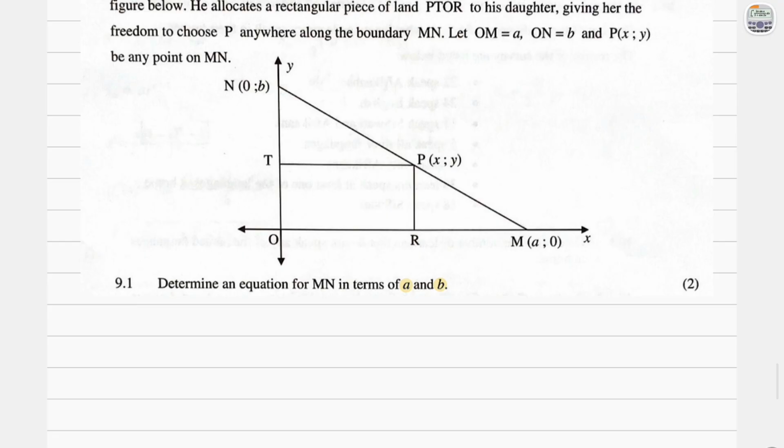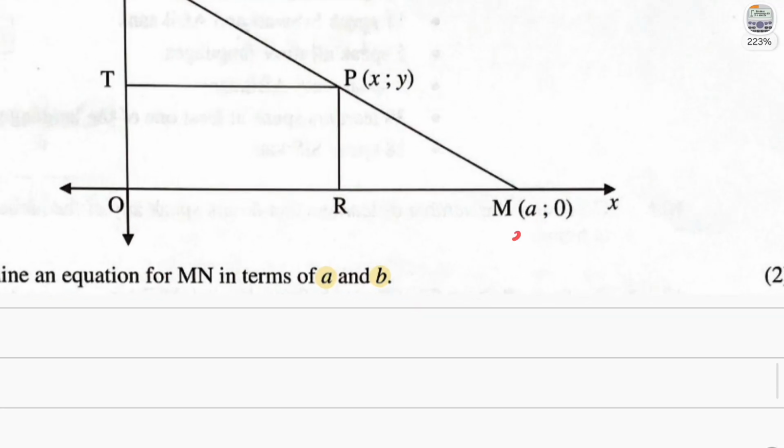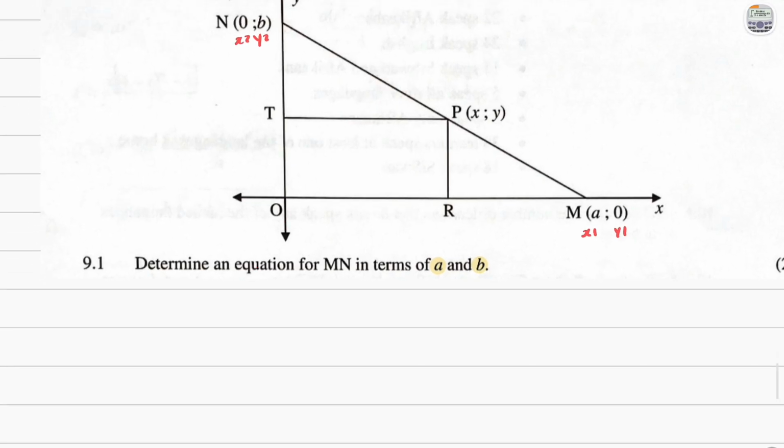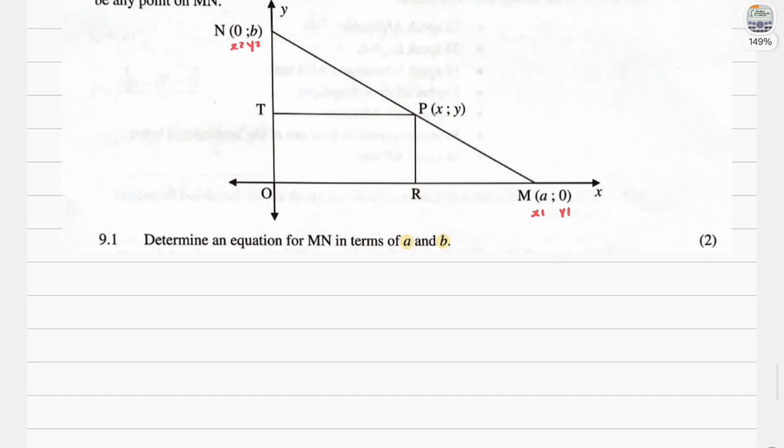Well, we have 2 points on the line. We have M, so we'll call that our x1 and y1. And we have N, that's x2 and y2. To find the equation of a line, you first need the gradient. So the gradient is equal to (y2 minus y1) over (x2 minus x1).